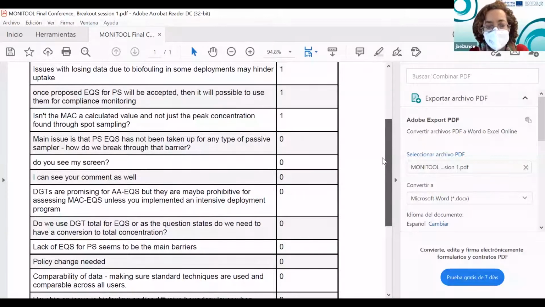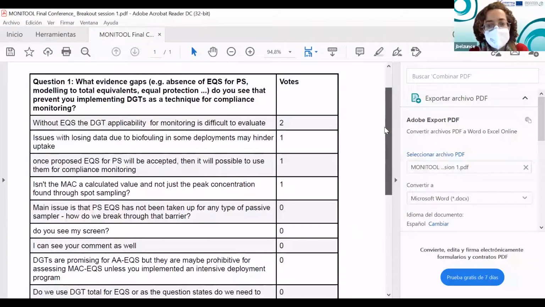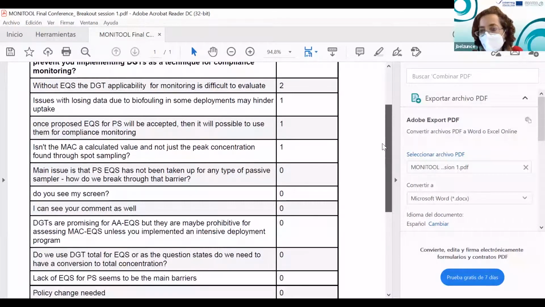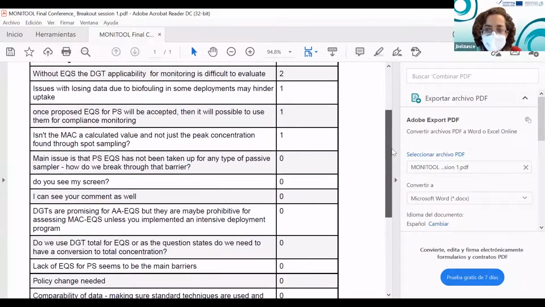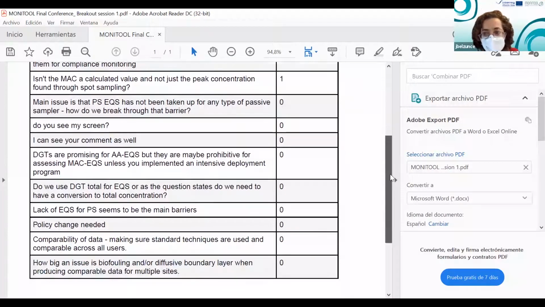The concern about how to assess the maximum allowed concentration with DGTs. I think this is what I can see from the responses we have. Do you want to add something here? Something that I don't remember or something important?